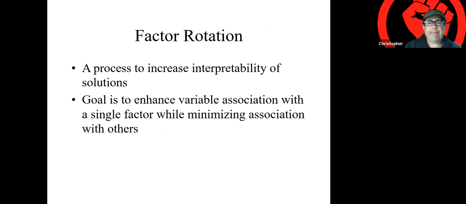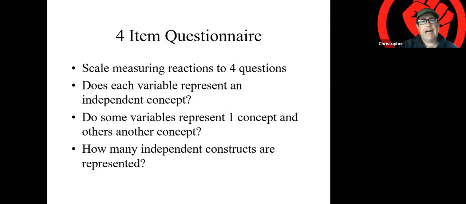The goal of rotation is to enhance a variable's association with a single factor while minimizing how strongly it associates with other factors. This makes it much easier to say, oh okay, these items are agreeableness and these items are extroversion. It doesn't change the data in any way, it just changes the way that we look at it.